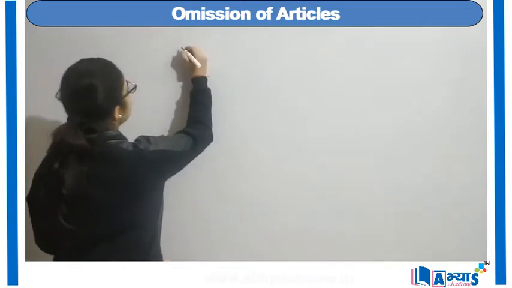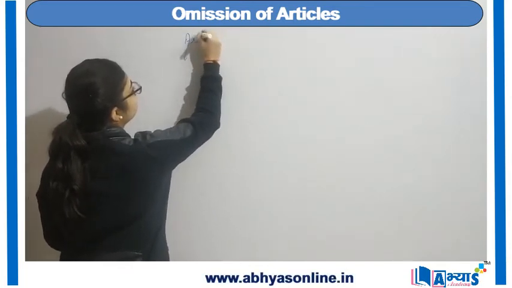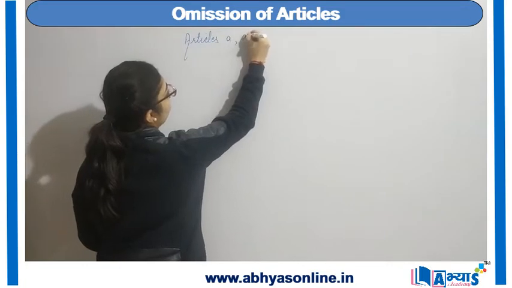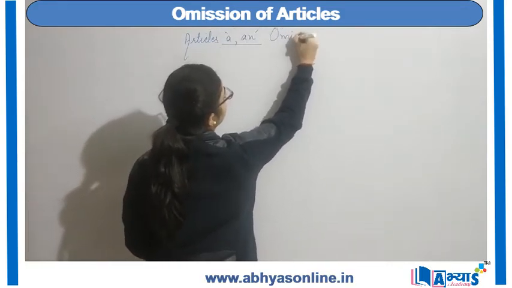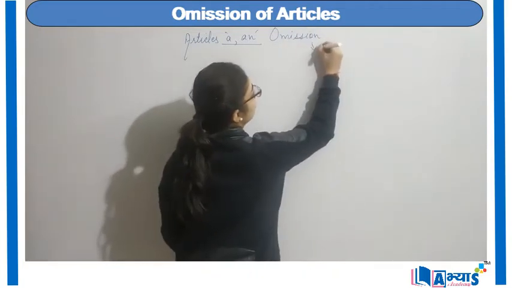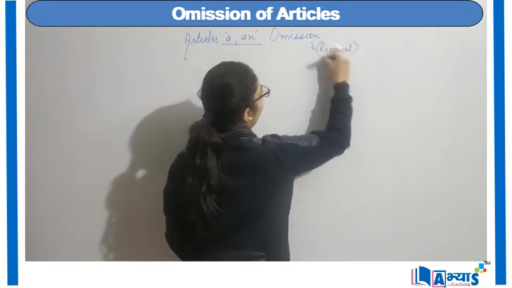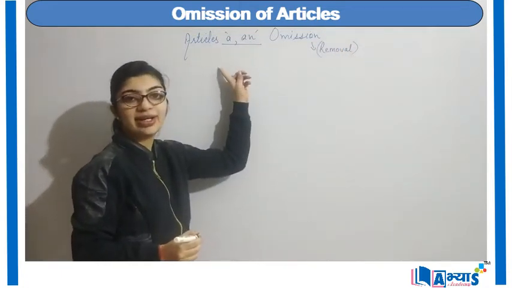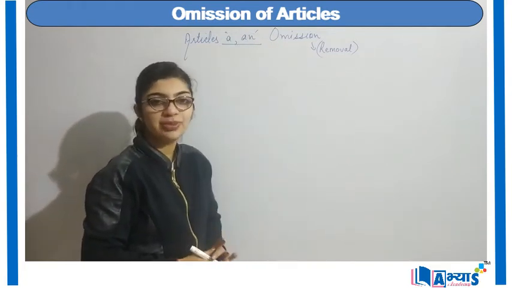Articles a and an, omission. Omission means removal. Wherever we do not require a and an, we remove the article from that place.